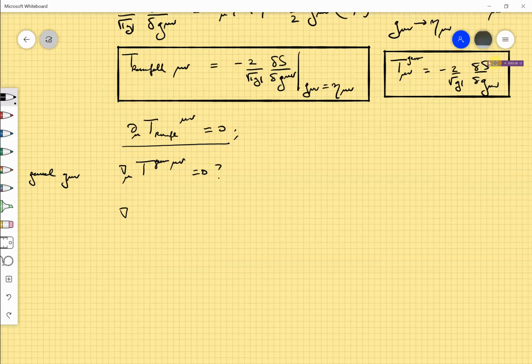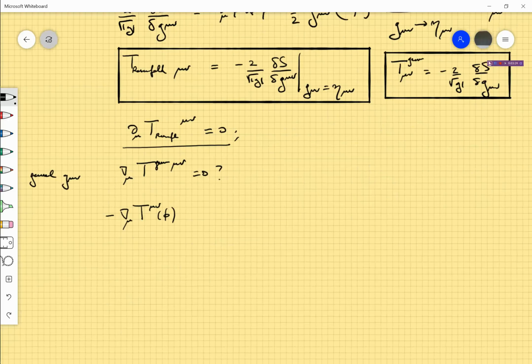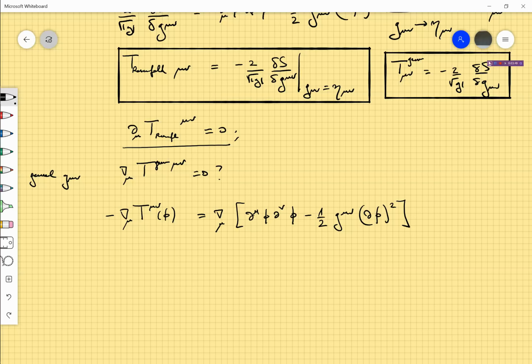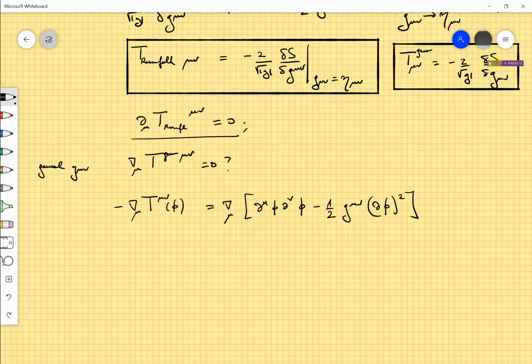Okay, so let us do this calculation. I use a minus sign because it is simpler. We have minus nabla mu of partial mu phi partial nu phi minus a half g mu nu (partial phi) squared. I have to remind myself that this (partial phi) squared always contains a metric inside, but it doesn't matter very much if we are using a metric compatible connection such as the Levi-Civita connection.